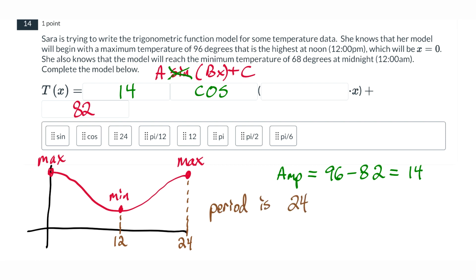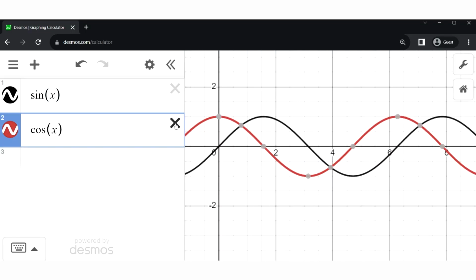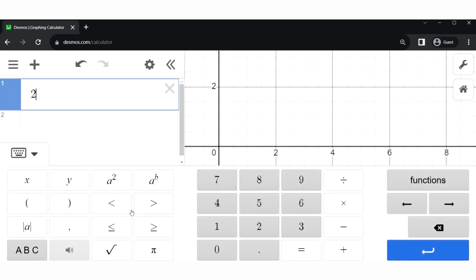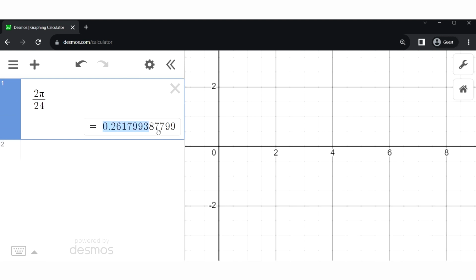So finally, to find the frequency, this b value, we just go ahead and say b equals 2 pi over a 24-hour period. And just to show you once again how Desmos can be very helpful, if I go here and I type in 2 pi over 24, Desmos doesn't seem very helpful because I'm getting this really yucky decimal value.